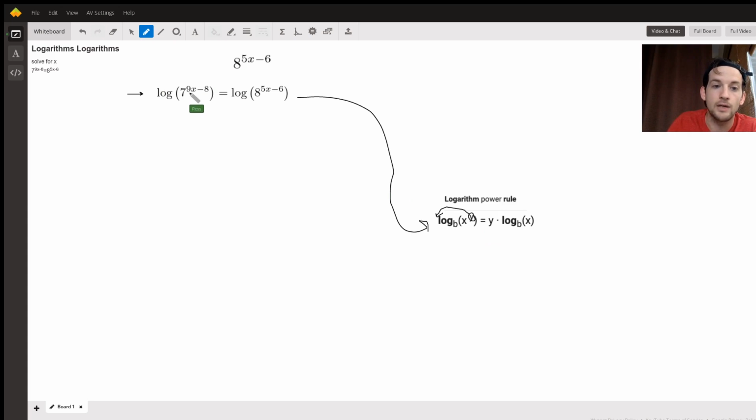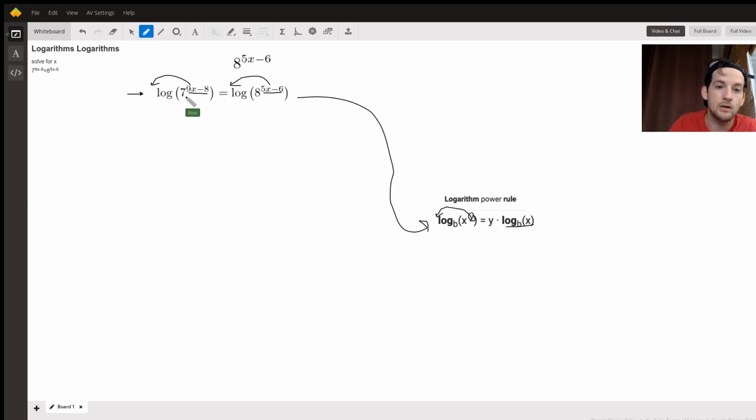So that's what we're going to do. We're going to take the exponents in each case and throw them out front, multiplied by whatever's left of the log. Now you do have to be careful in a case like this because the exponent is two different terms.